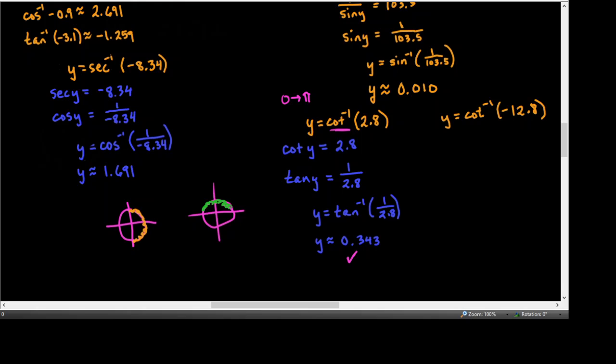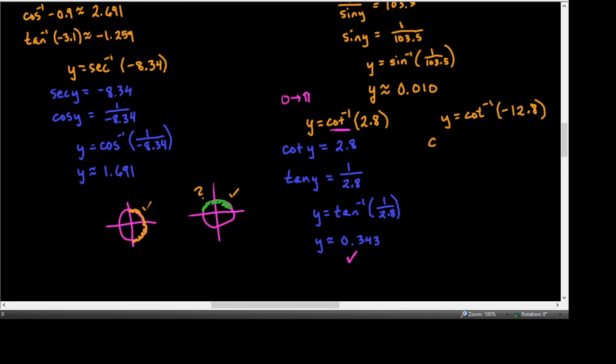And if the answer for cotangent inverse has to be between 0 and pi, but tangent inverse might be between negative pi over 2 and pi over 2, I see a contradiction. Now, if it's first quadrant, no problem. You'll get the right answer. The question is, if it's cotangent inverse, we're supposed to get a second quadrant answer.